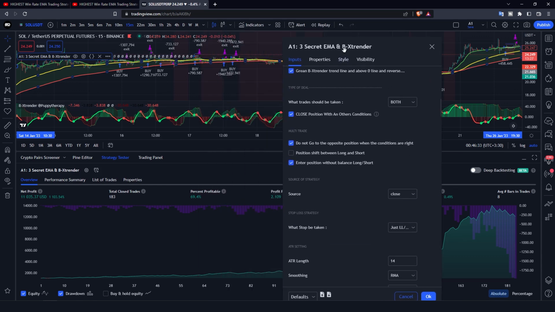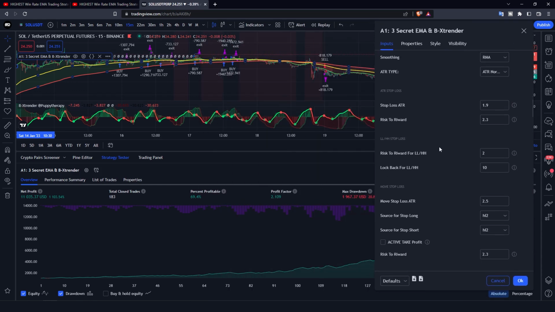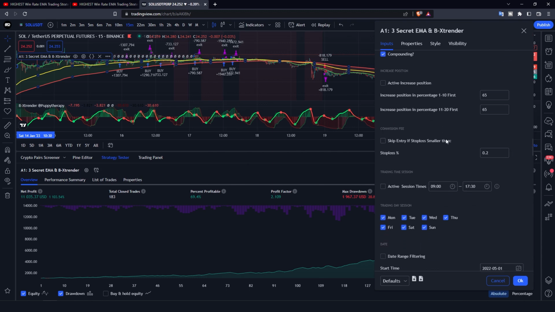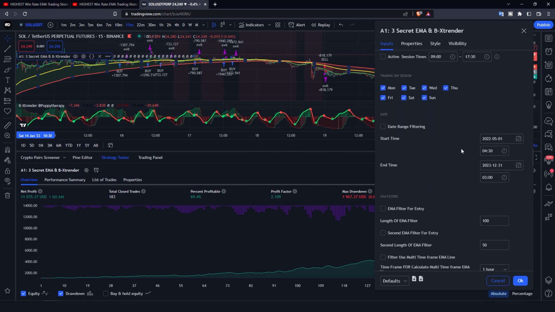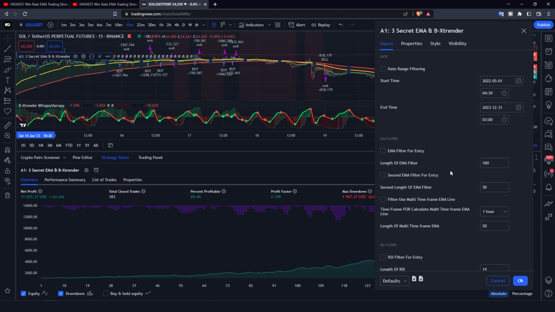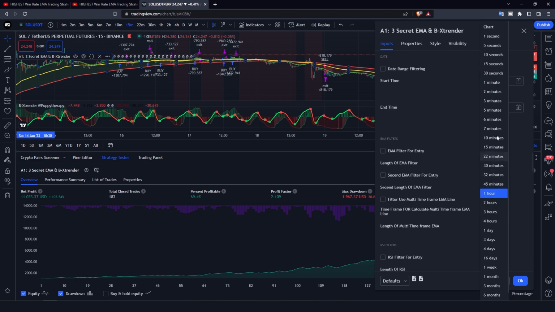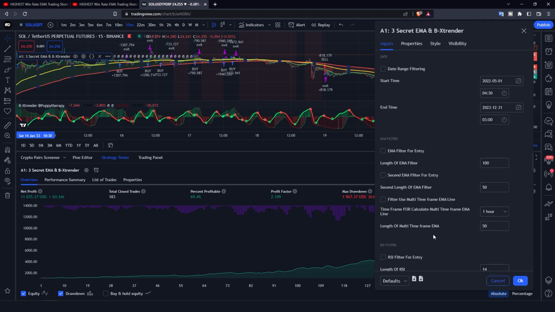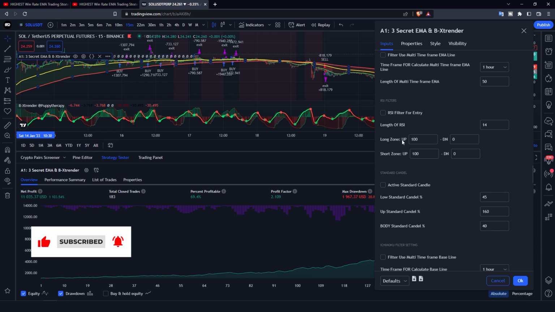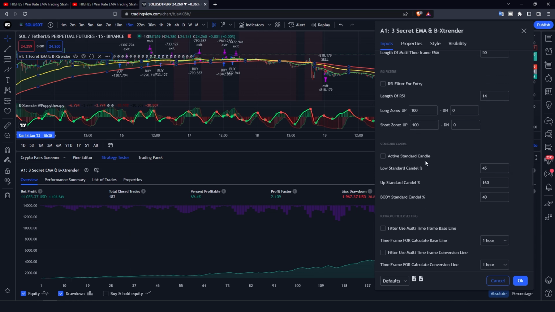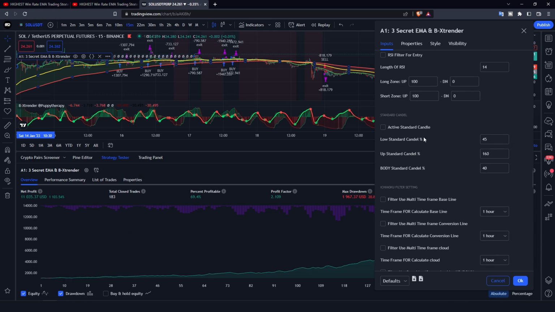You can set days, you can set time, you can set days of the week. Okay, you can filter the date, the EMA filter, or multi-time frame EMA. Bring another EMA filter from other time frames. And also you can have RSI filter to entry, and the other section is a standard candle filter.